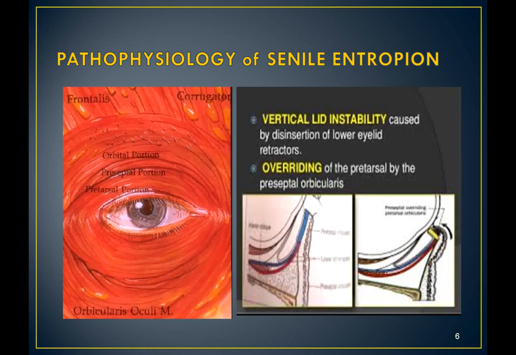As a result, the contracting portion of the pre-septal orbicularis oculi muscle slides over the pre-tarsal muscle, as you see in the diagram on your right side. Second thing, as this happens, you are seeing in the right side of the picture, the muscle is overriding.